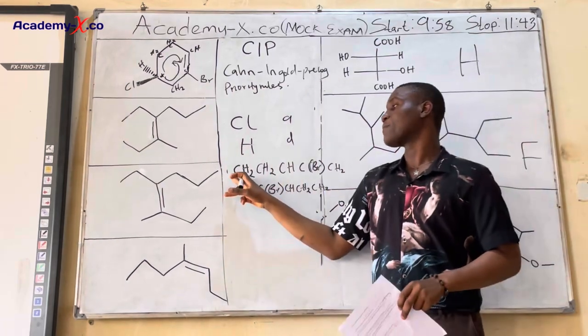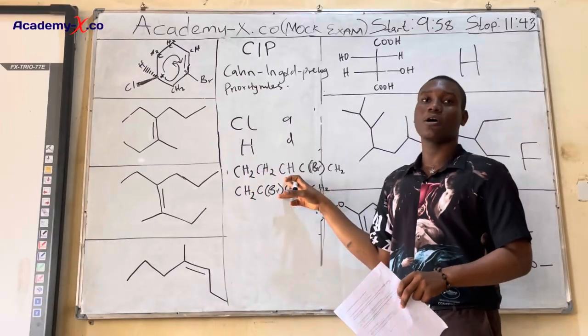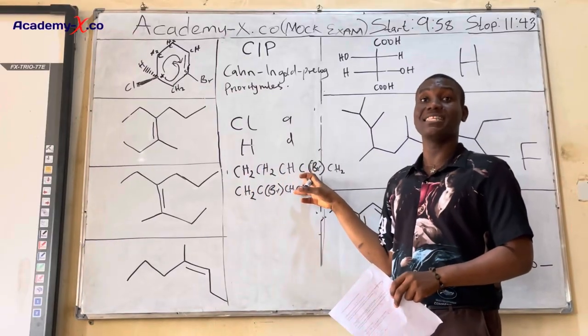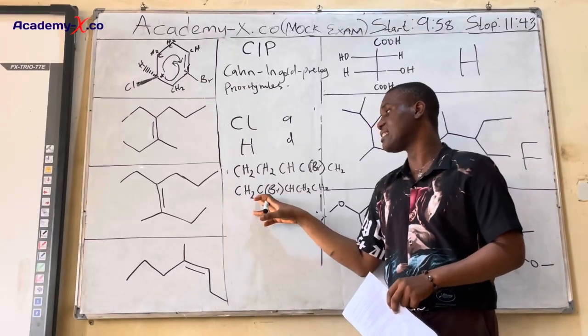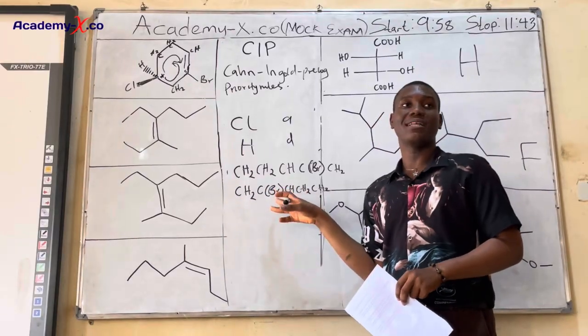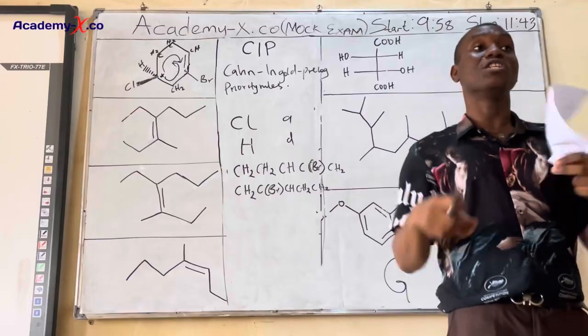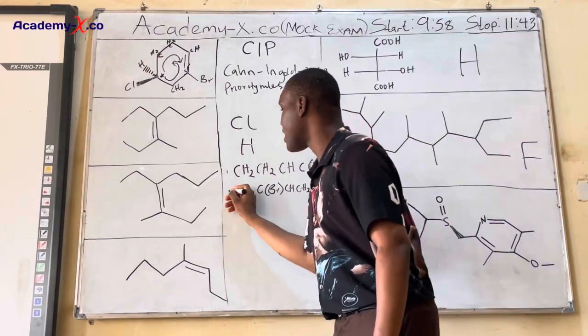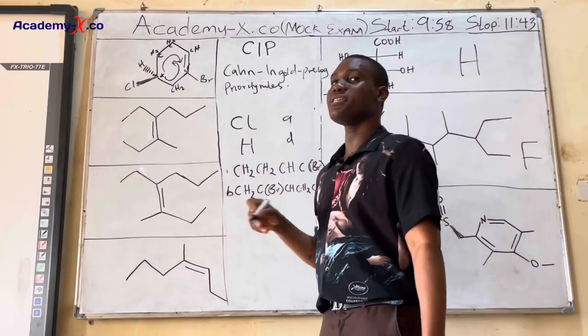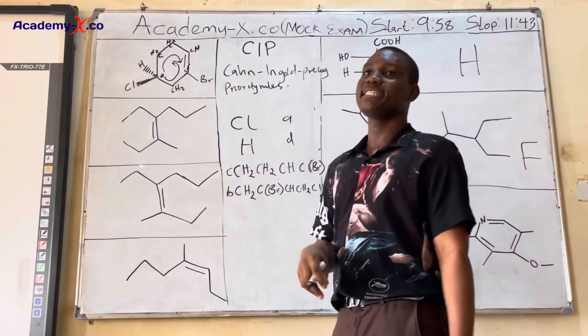I'm going this way, C, is it not? I'll get bromine. Bromine is actually a very big atom. If I'm going here, C, before I reach bromine. So which one was shorter to reach my big atom? The second one, correct. So I'll give it my B and then give this one my C.